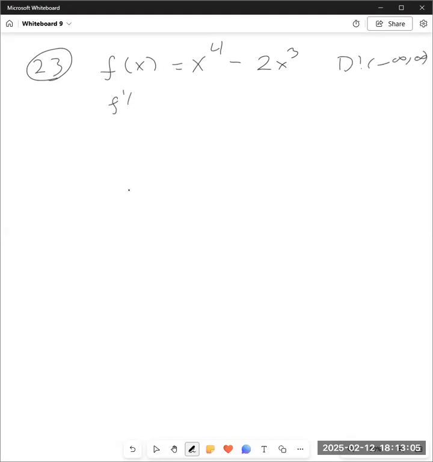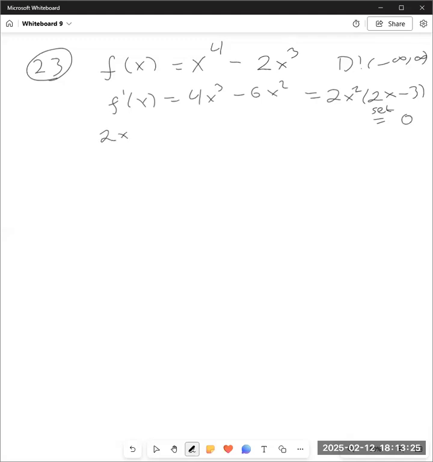f prime of x is 4x to the 3rd minus 6x squared. I'm going to take out a 2x squared and make that 2x minus 3. I'm going to set that equal to 0.